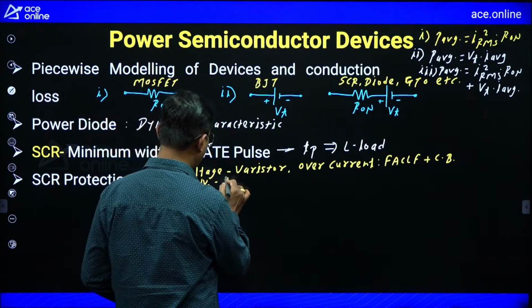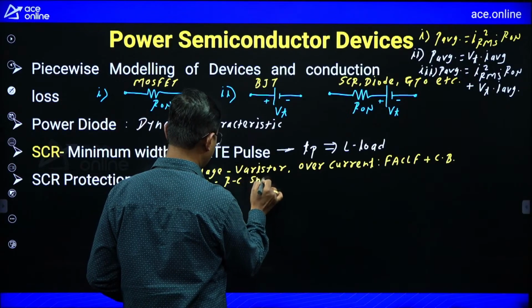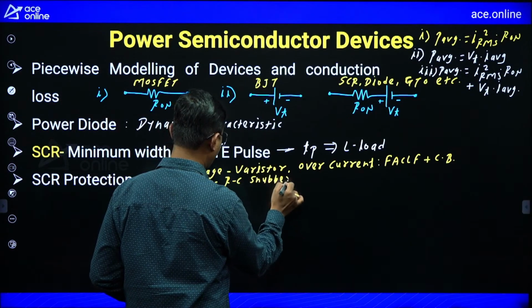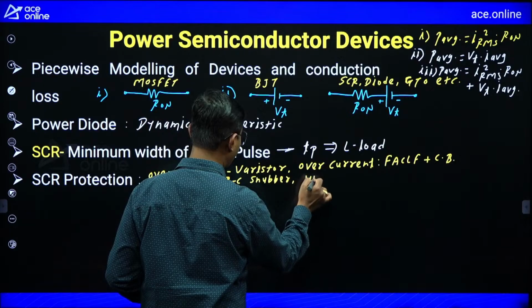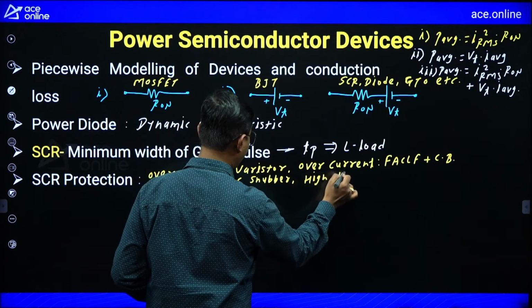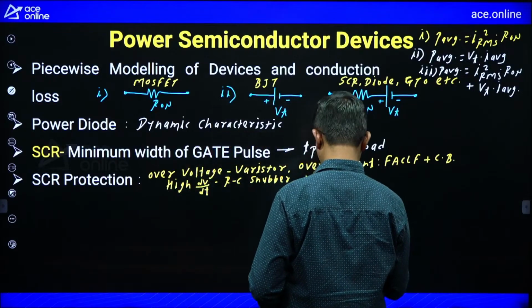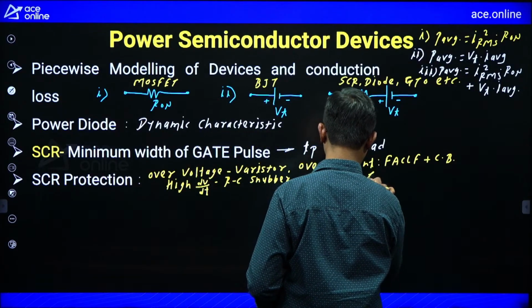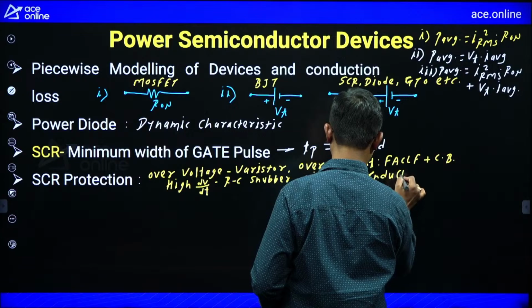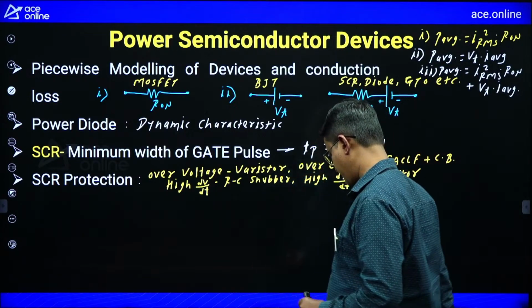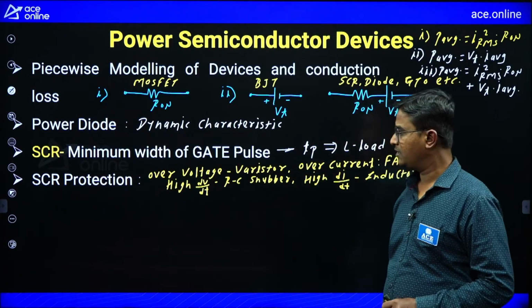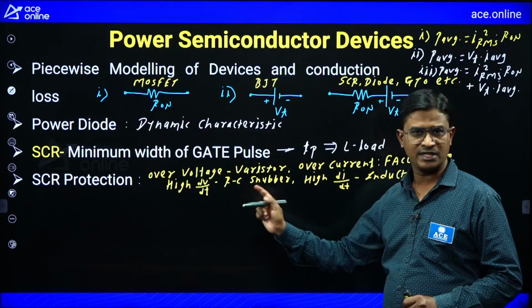An RC snubber circuit. And for high di/dt, an inductor is used. Is this clear? So these are the main protections of the SCR.